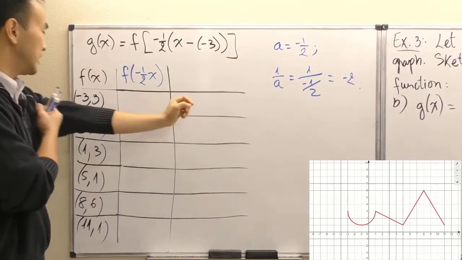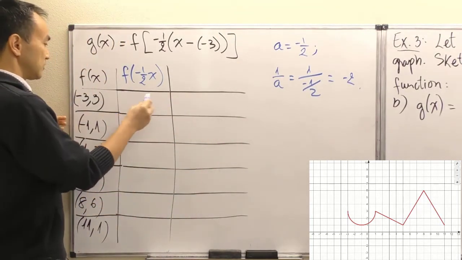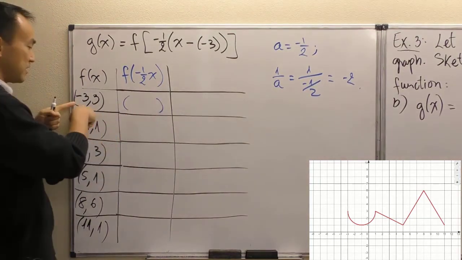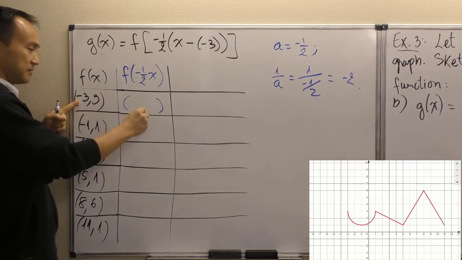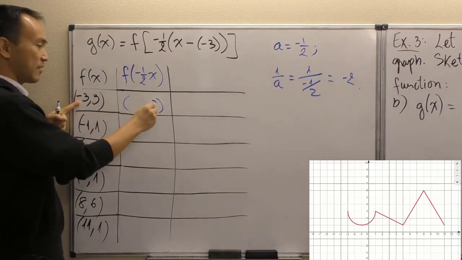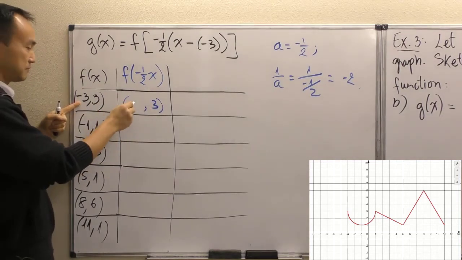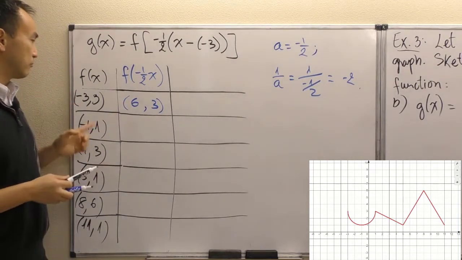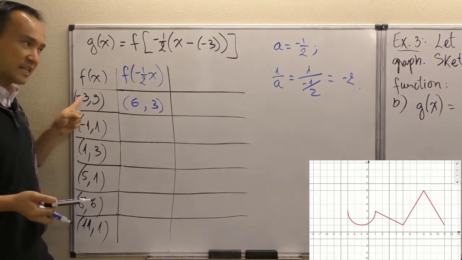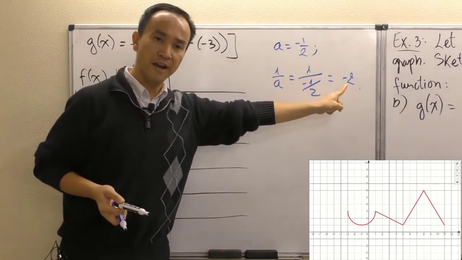In that way, the first point here, -3, comma 3, the y value stays the same, but now the x becomes a positive 6, simply because -3 was the x value, and now we multiply with 1 over a, which is -2.